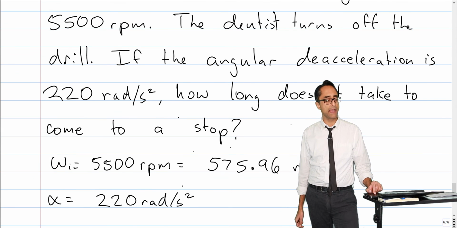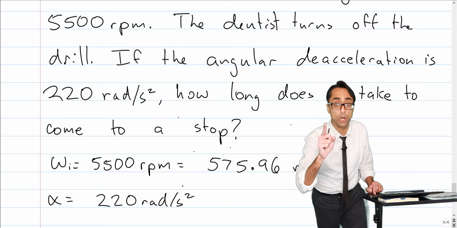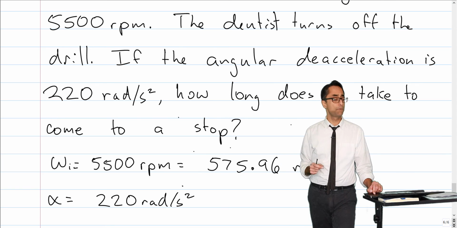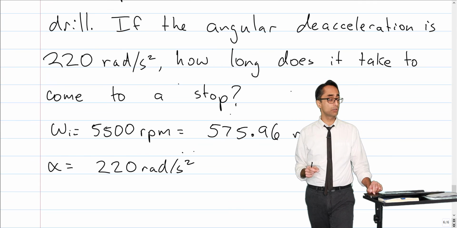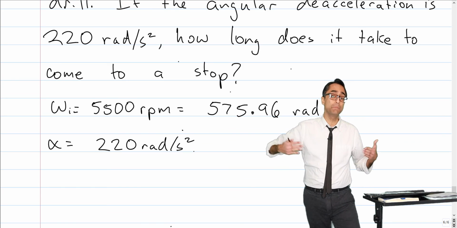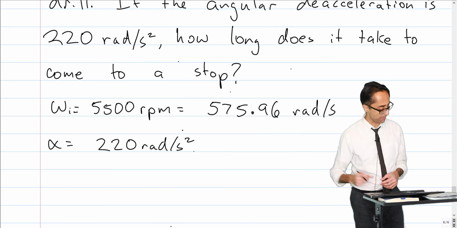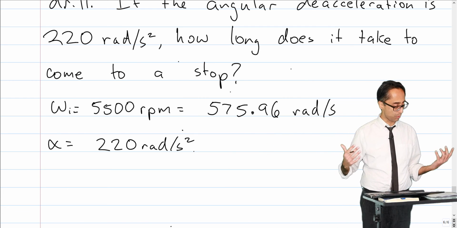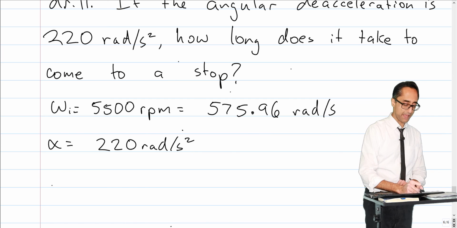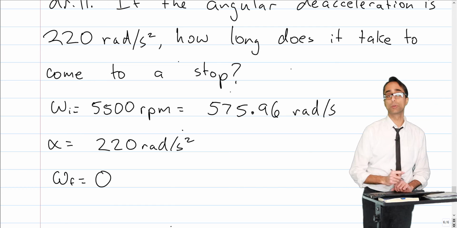how long does it take to come to a stop? How long does it take for my angular velocity to become 0? That is the speed of something that has come to a stop, whether you're in linear or in angular, and that means that omega final must be equal to 0.